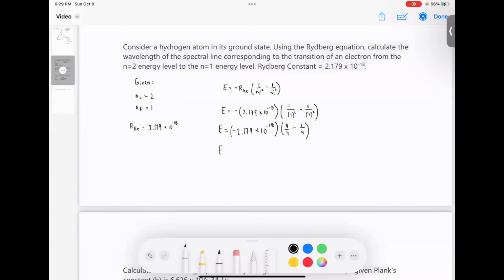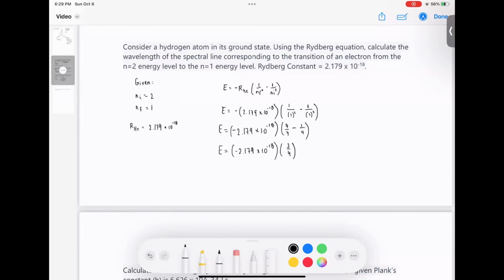So we know that E is equal to negative 2.179 times 10 to the power negative 18 times 3 over 4. Or if you want to convert it to decimal, you can put it as 0.75 and put that into your calculator. And doing all that should give us our energy level. So go ahead and try calculating that out and see what we get.